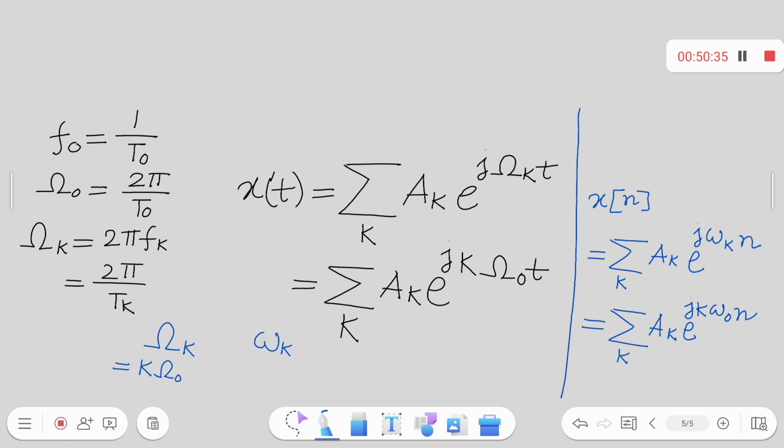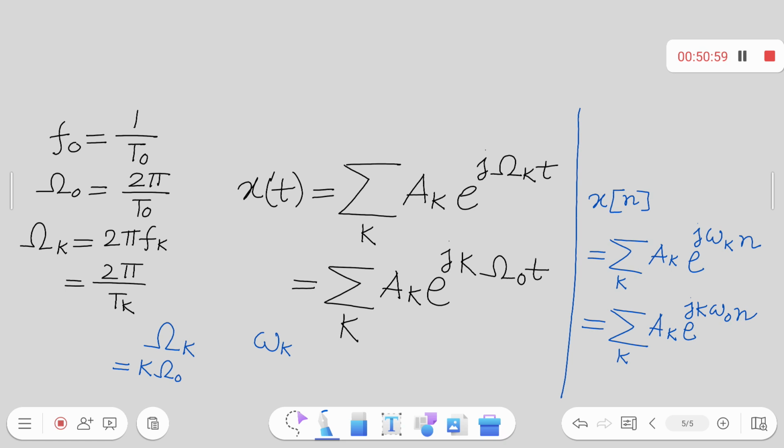So you have one 10 Hz sinusoid, then a 20 Hz sinusoid, then 30 Hz, 40 Hz, 50 Hz, and so on. All the higher frequency components: first harmonic, second harmonic, third harmonic, fourth harmonic, and so on. That is pretty easy for the analog frequency, capital omega_k.